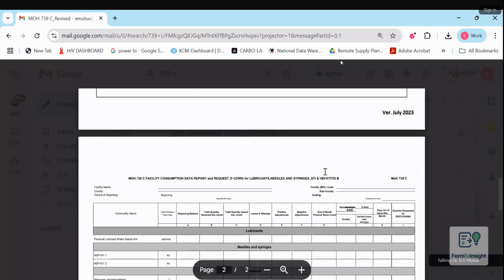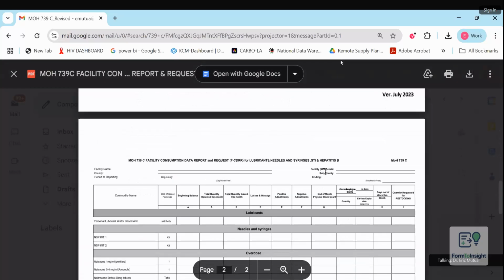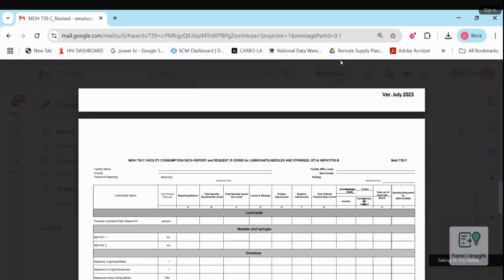I know it was distributed to some dioceses. The dioceses which received these are in Makueni, Machakos, Kitui, Nairobi, and Kisumu County. For the rest of the other counties, the registers are at NASCOP, so you can make arrangements to come and pick them. I also know that Kenya Red Cross picked some of these registers and they distributed to their dioceses.